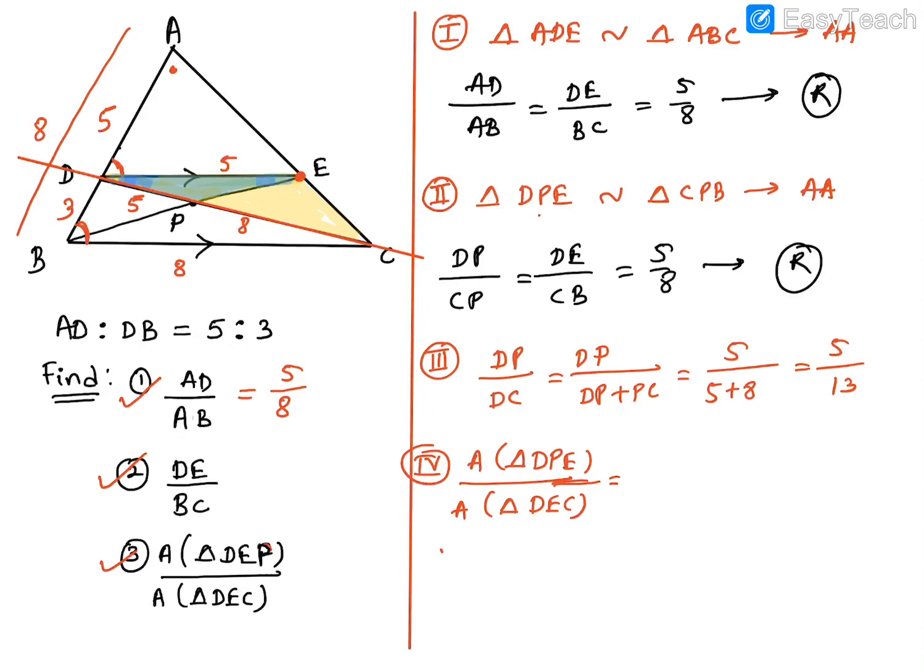DP is how much? 5. DEC is how much? 13. Okay, why? So first we'll do one thing, we'll write down the ratios first. Okay, so first we'll write it is equal to what? DP upon DC. Again, you'll have to write the statement. Okay, what is the statement you write for this?